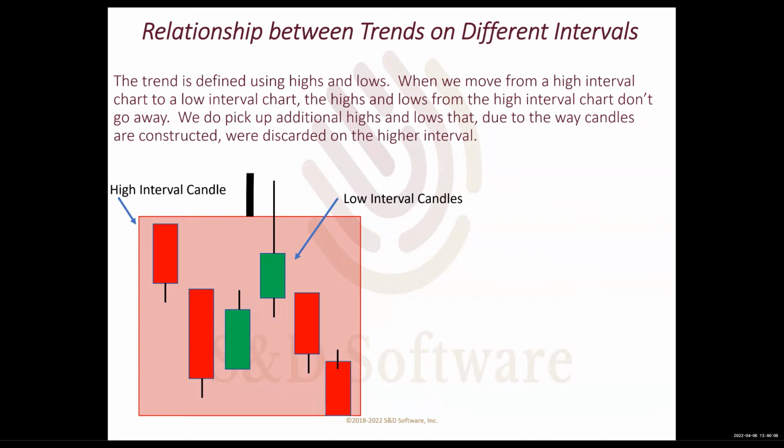Trend is defined using the highs and the lows. And so when we defined our trend on a higher interval chart, we were using the highs and lows that were visible in the candles on that chart.